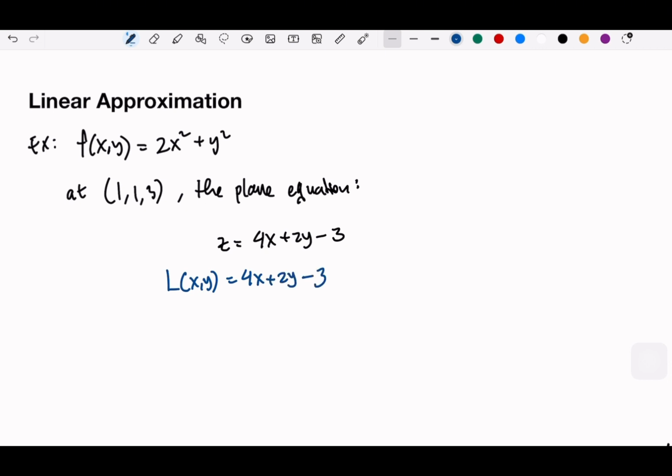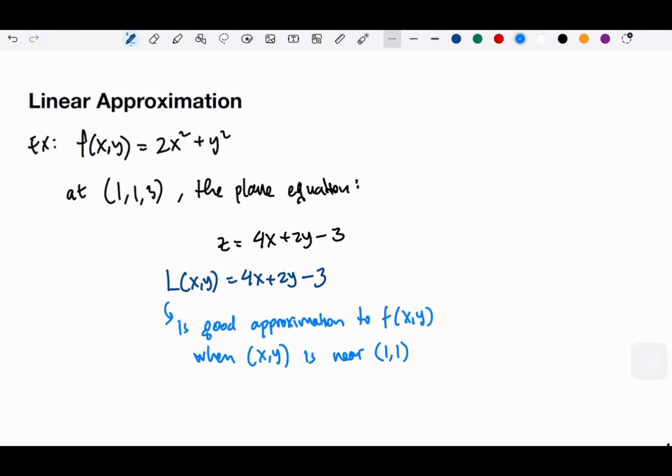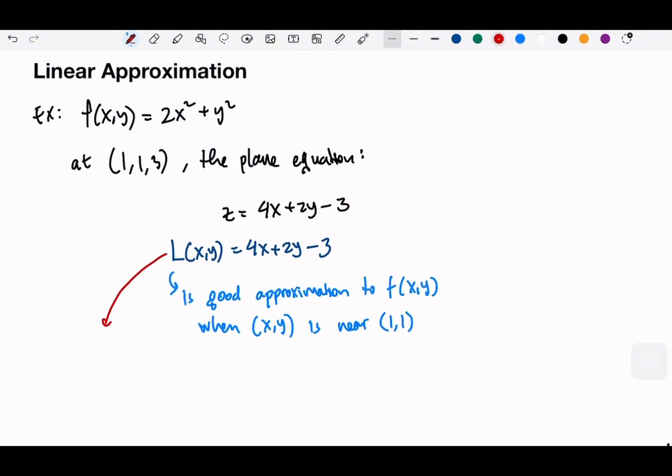So this, we can say, is a good approximation to f(x, y) when the point is near (1, 1). This L we can also call a linearization, the linearization of f at (1, 1).